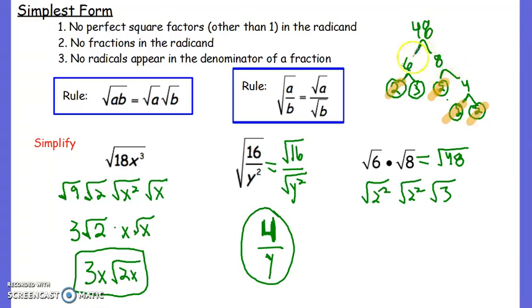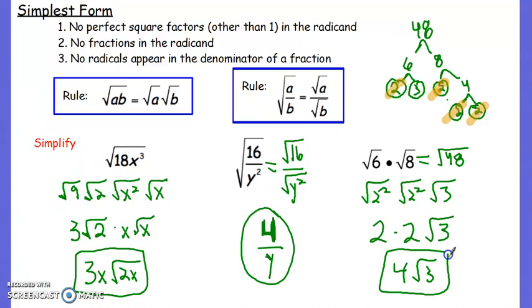I'm not worried about the other numbers because again they were broken down into the leaves. Well, that means that I've got the square root of 2 squared, or a 2, multiplied by again the square root of 2 squared, and a square root of 3 that again I can't do much about. With a little bit of simplifying, 2 times 2 is 4, and 4 root 3 would be the simplest form, as we say.